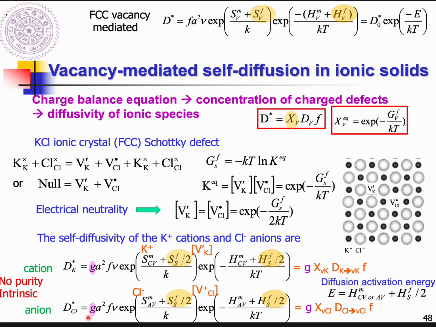So this is the diffusivity of potassium and chloride in potassium chloride ionic materials. And you observe some Schottky defects form inside, but please note there is no impurity or dopant inside this ionic material, so this belongs to intrinsic material property.